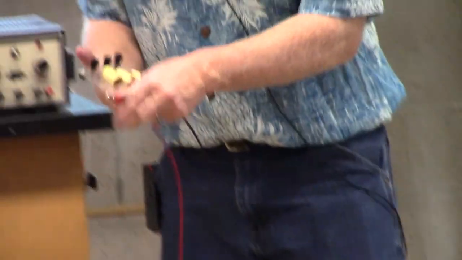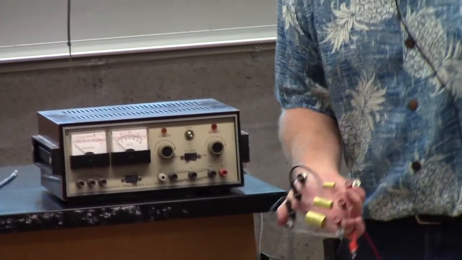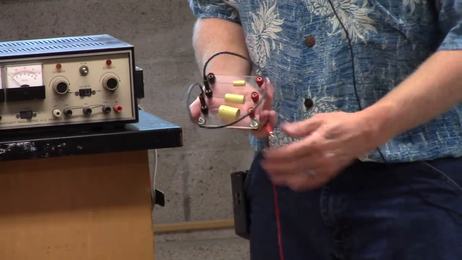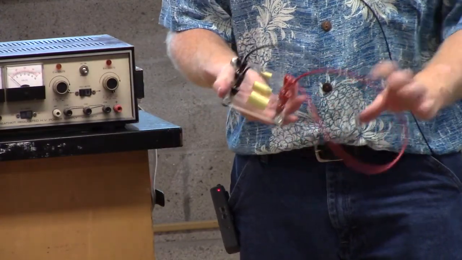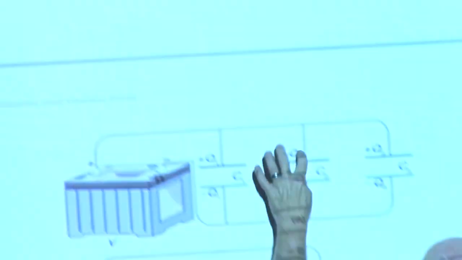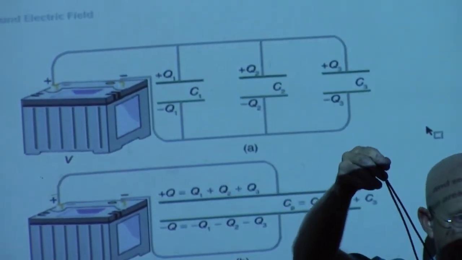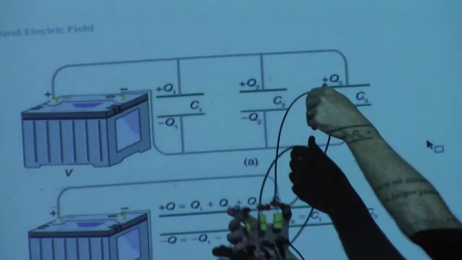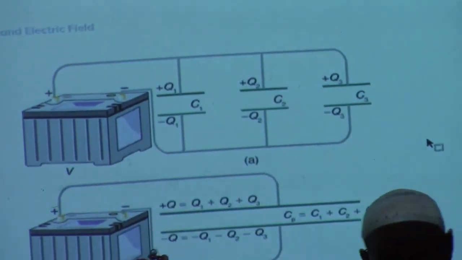I will hook the black ones together, and then I will also hook the red ones together. So I would say they're in parallel. I have just connected the two top plates, that's the red wire right here, and the two bottom plates, this is the black one. So I guess it looks kind of like that. And they are now in parallel.